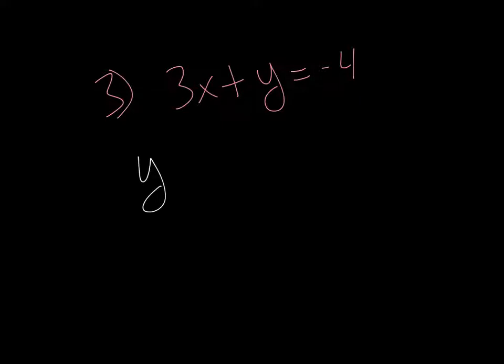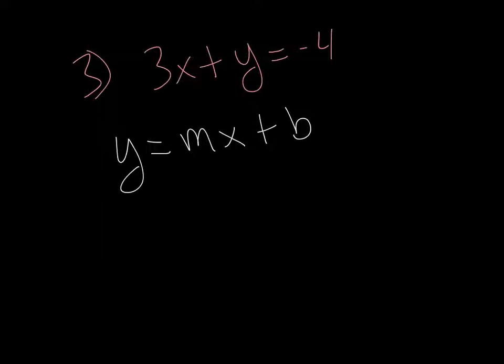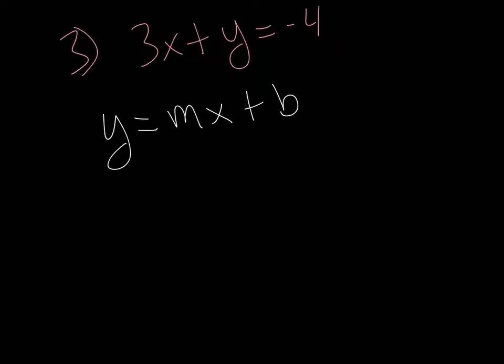Slope-intercept form has to have y all by itself on the left-hand side, your slope, your x variable attached to your slope, and then your y-intercept, your plus b or minus b, all the way to the right. So what we actually need to do is rearrange this equation, 3x plus y equals negative 4, so that y is all by itself on the left-hand side.